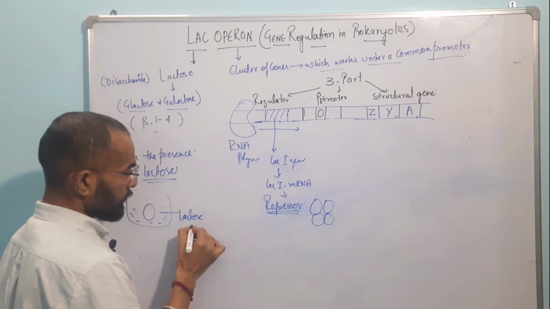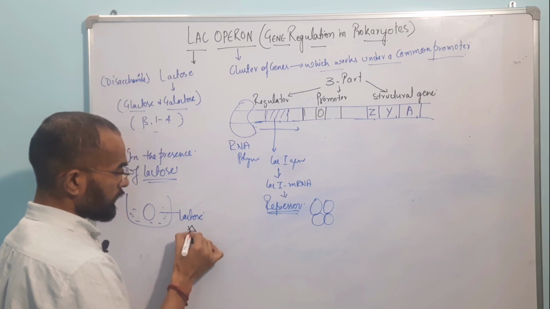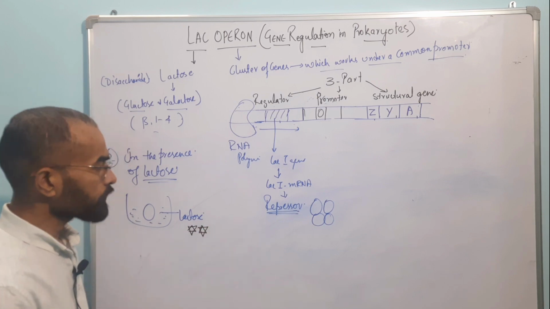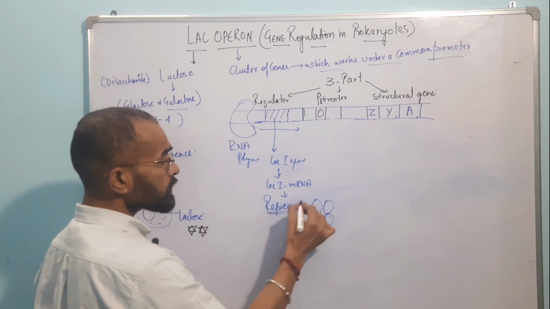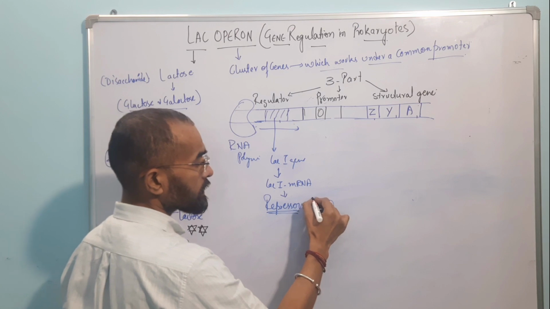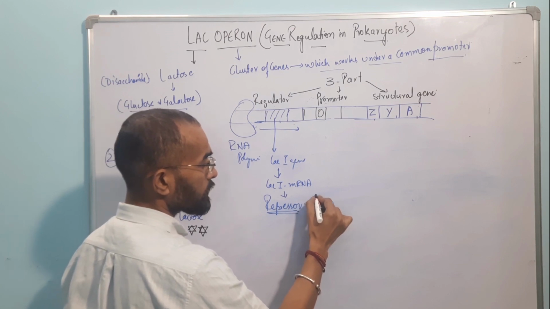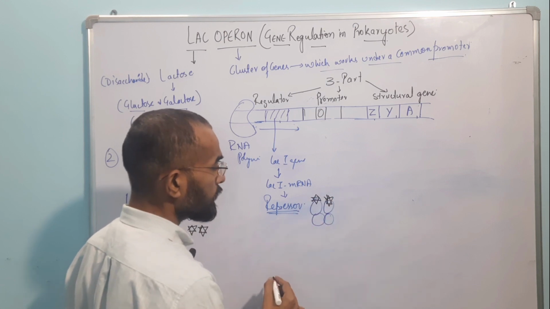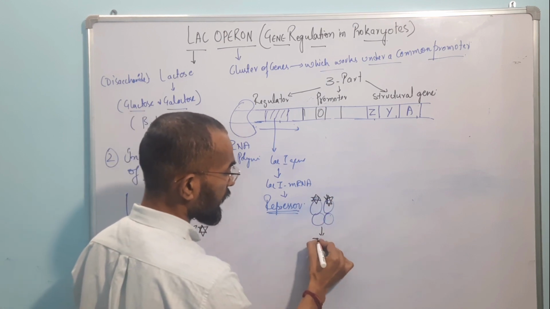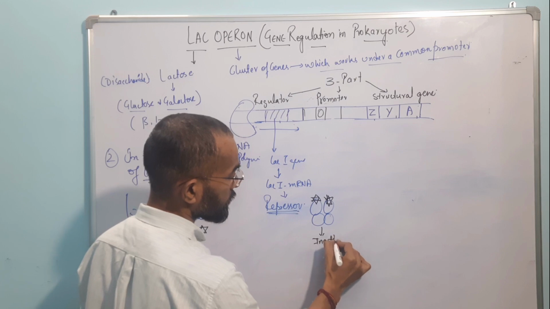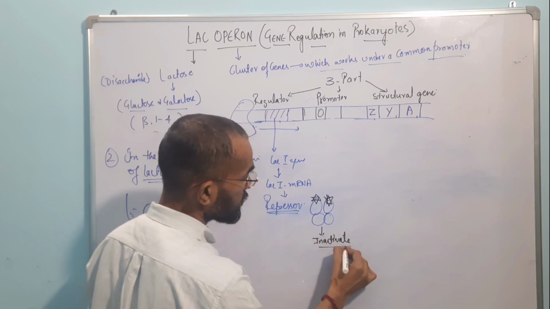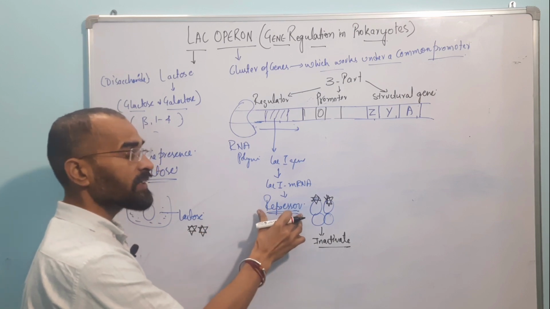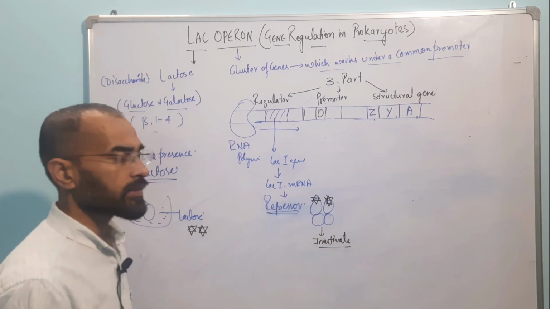Now let us represent lactose by star. Now, lactose in its presence attaches with the repressor and inactivates it.